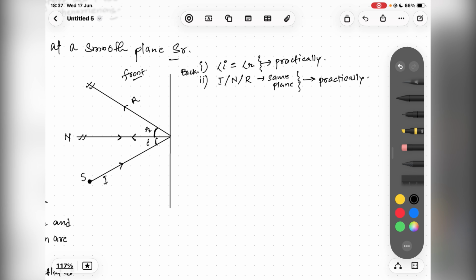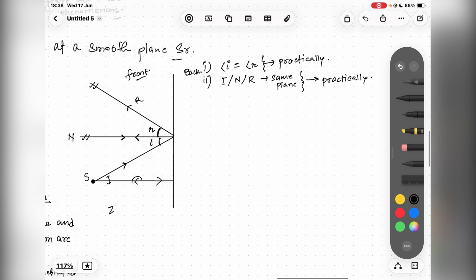Let's say this object also gave another ray which came perpendicularly to the mirror. So the incident ray will come and the reflected ray will trace its path back.